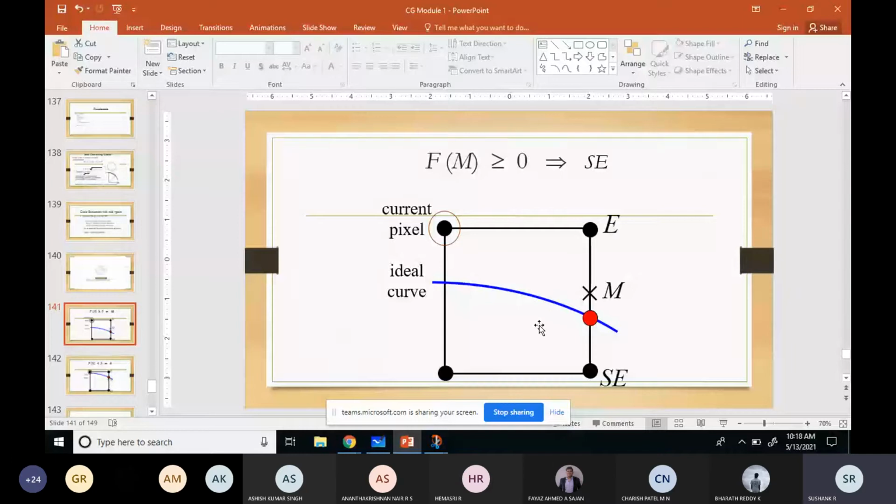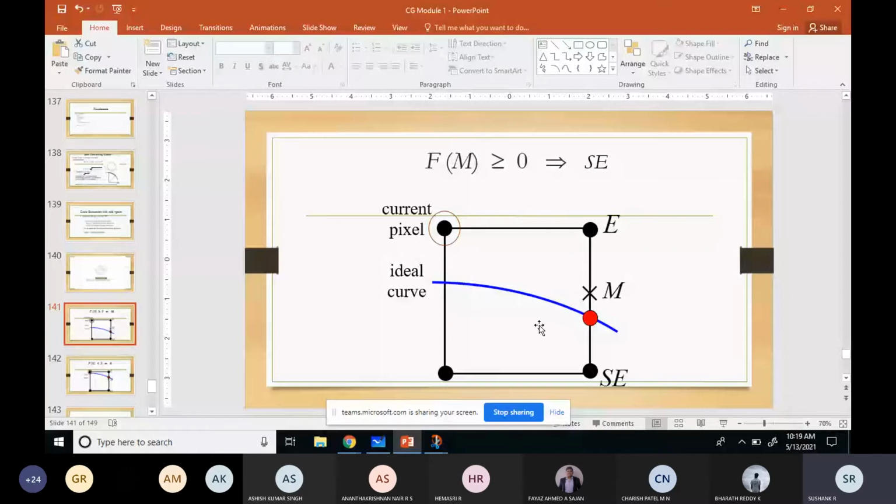So let's look into this curve also. All these things we will derive. First, just understand this.